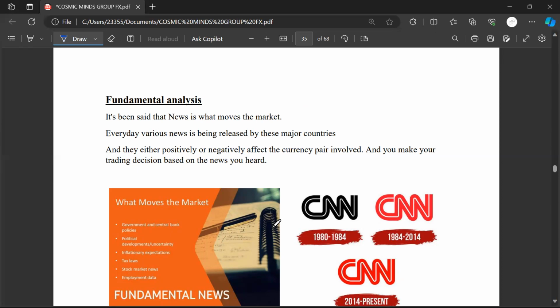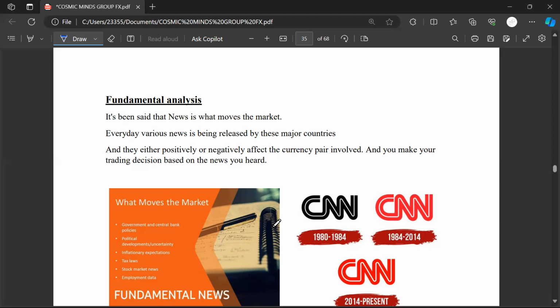That's what it's about. So fundamental analysis says that news is what moves the market. You understand? News is what moves the market. The reason why we said it's very dangerous is that within this time, the market can actually move crazily. Very, very dangerous. You can in the trade at this time do huge sums of money, dollars.